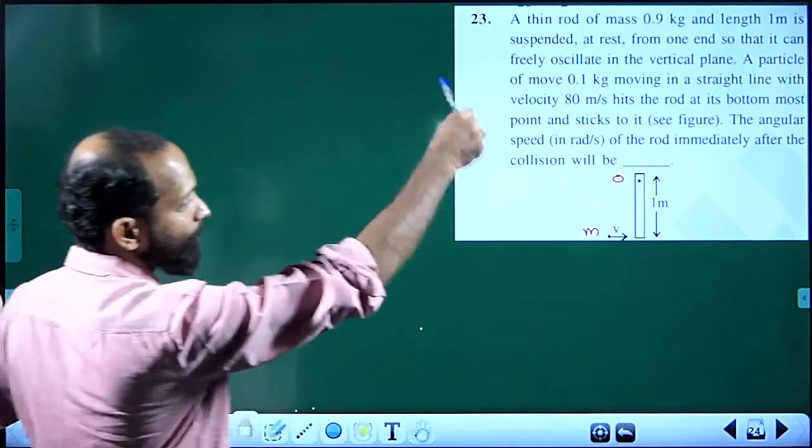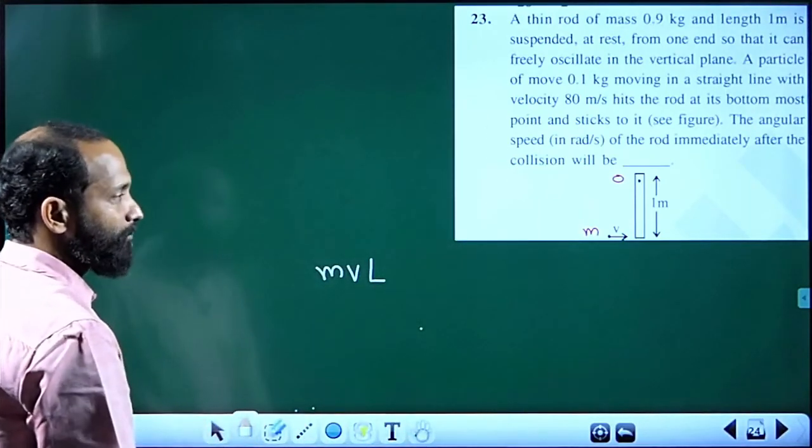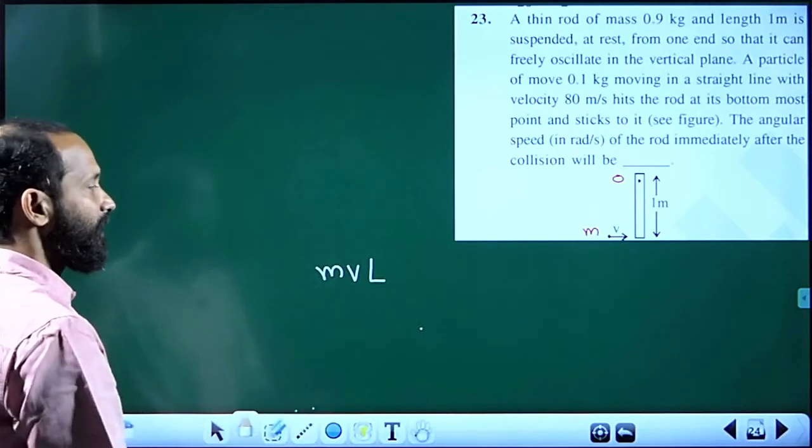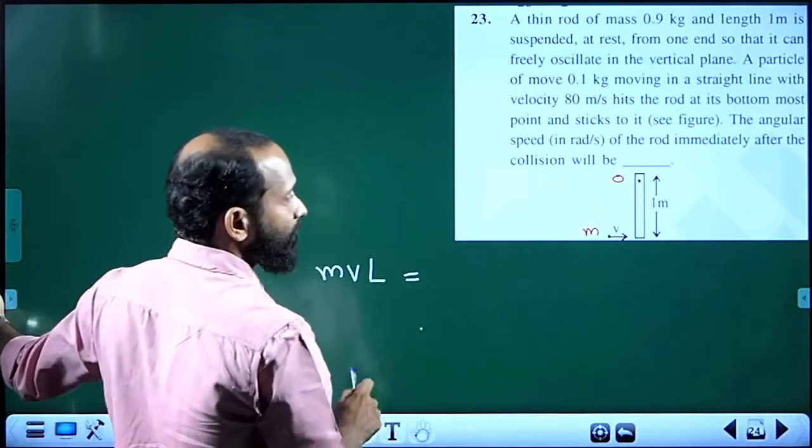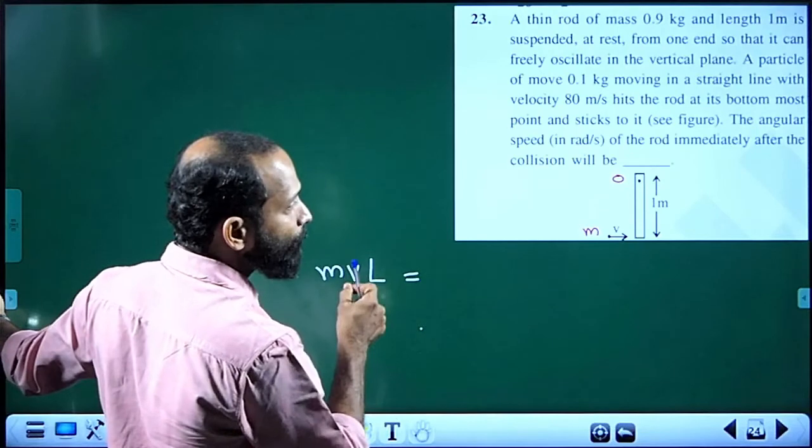The rod does not have any angular momentum before collision, the particle has only. Now, soon after the collision, the system moves together.